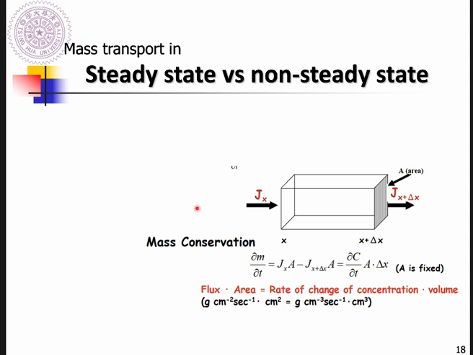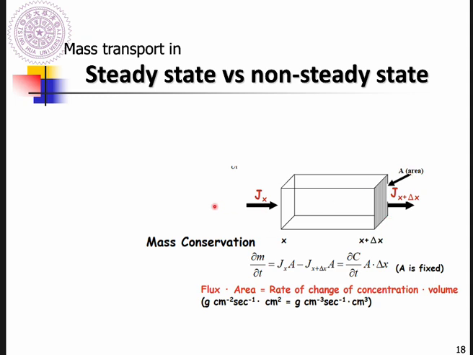And we have some atoms passing from your left-hand side toward your right-hand side. Because we have atoms moving along the x-axis, from left to right, we also define the length of this cube as delta x, and this area we call A.